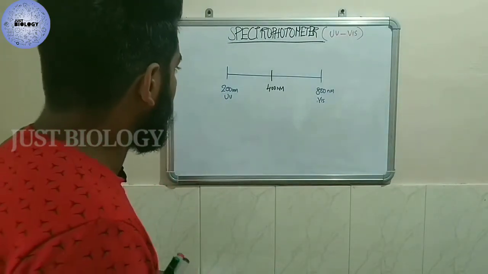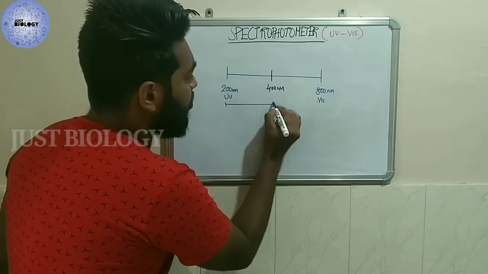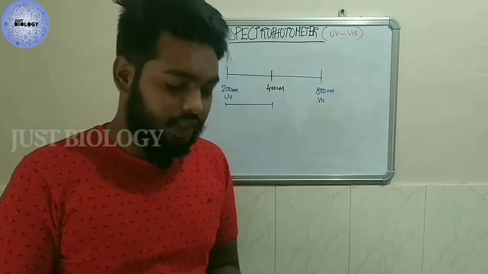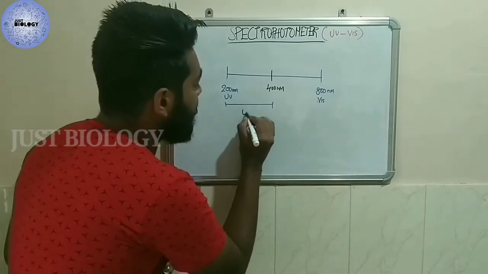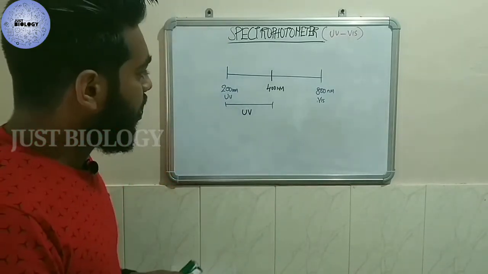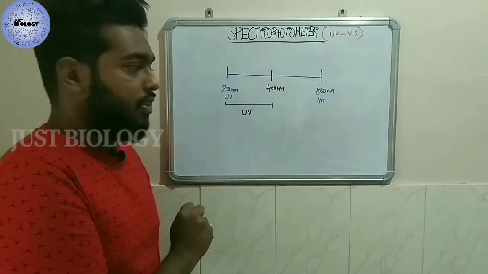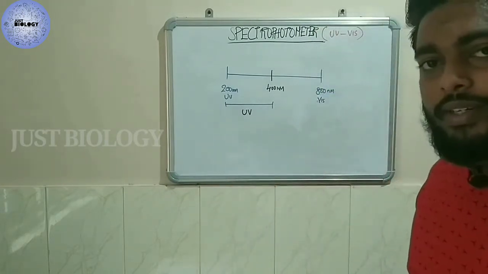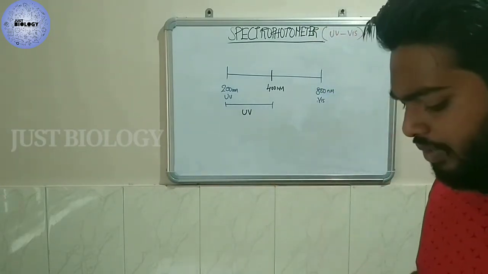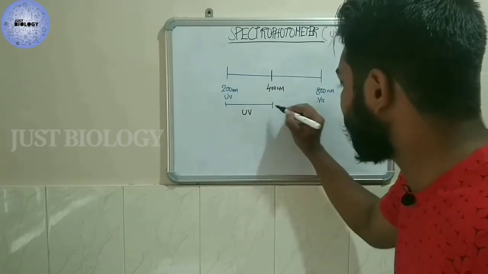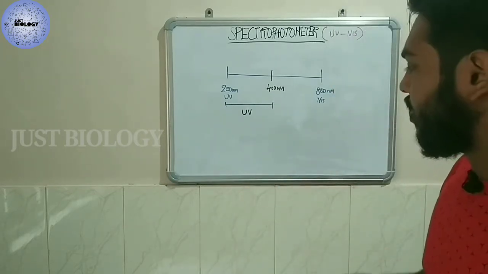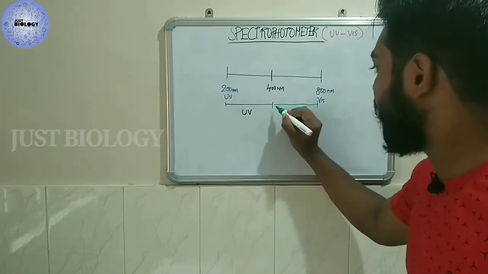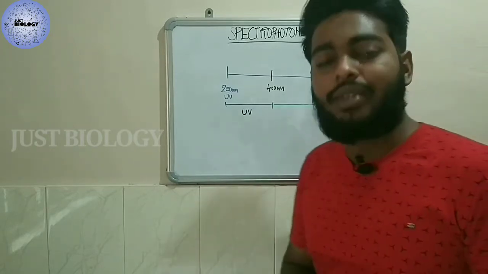The range from 200 to 400 nanometers is the UV range, so we can call this range UV, ultraviolet rays. They start from 200 nanometers and end at 400 nanometers. Then, let's use another color for understanding, from 400 to 800 nanometers is the visible range.